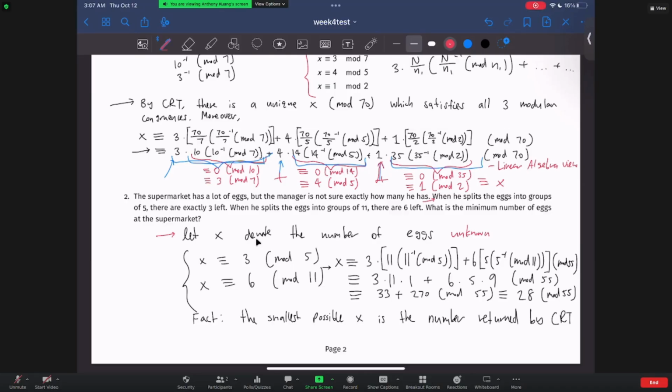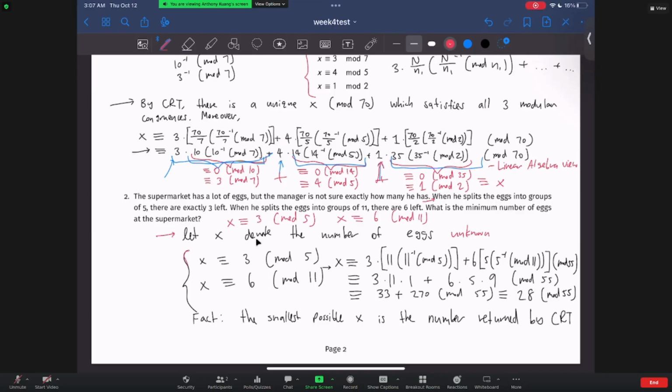So in mathematical language, we have a remainder of 3 eggs when we mod by 5. And similarly, when we split the eggs into groups of 11, we have a remainder of 6 eggs. And the question is, what is the minimum number of eggs at the supermarket?